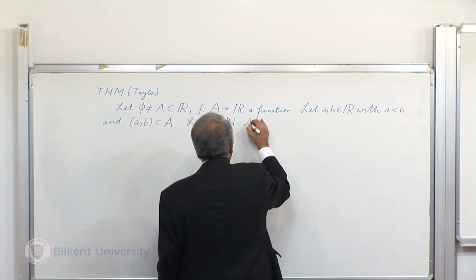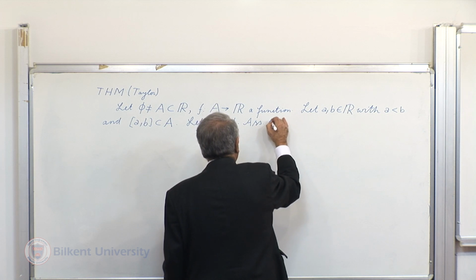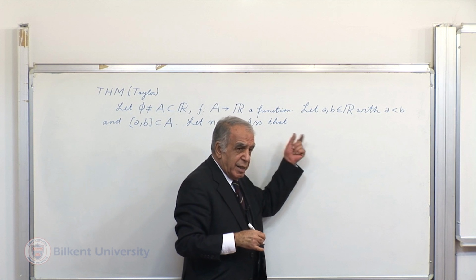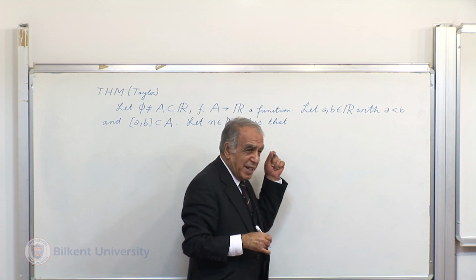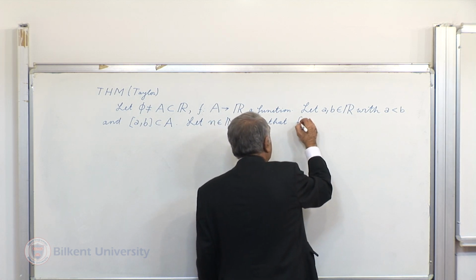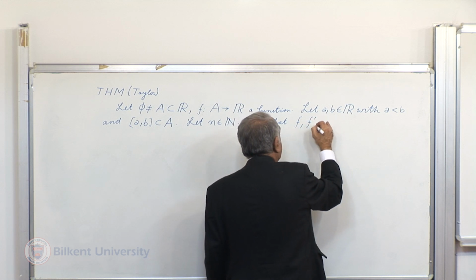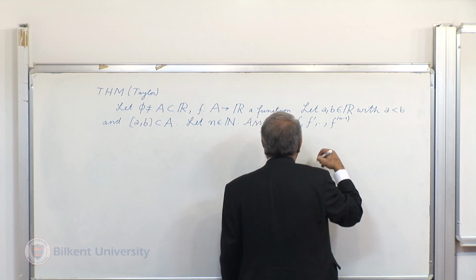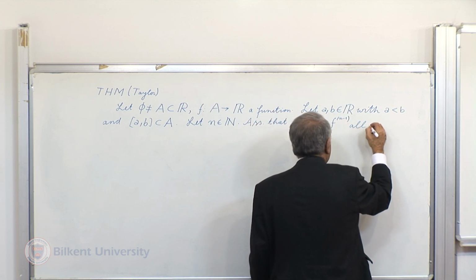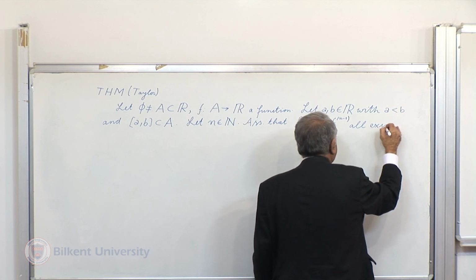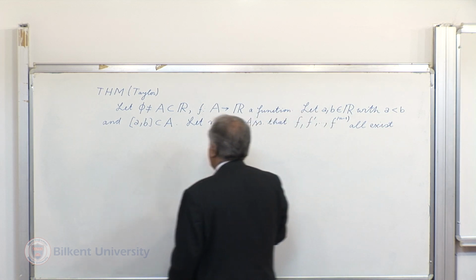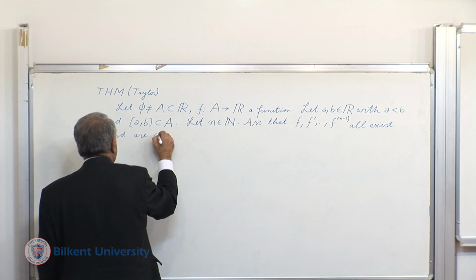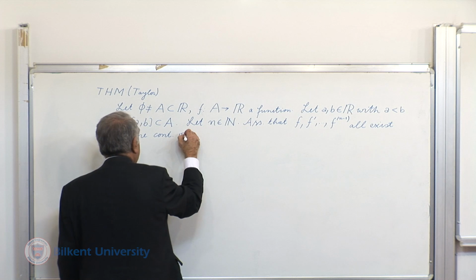Okay, now assume that, I will now write it as it is in a standard calculus textbook, f, f prime, up to f^(n-1), all exist and are continuous on [a,b].